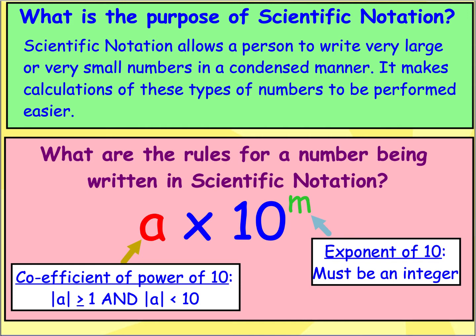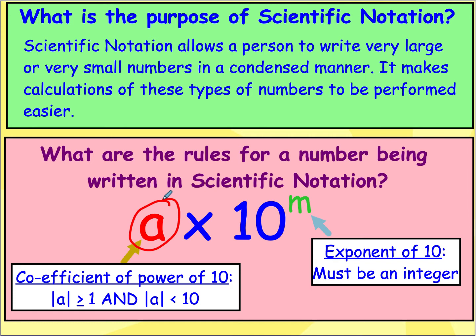So the rules for a number being written in scientific notation are that the first number, which I'm going to call the coefficient of the power of 10, has to be, and it could be positive or negative, so that's why we're using absolute value symbols, bigger than 1 or exactly 1. So 1 is the absolute lowest it can go. If it was a negative number, the highest it could go would be -1.